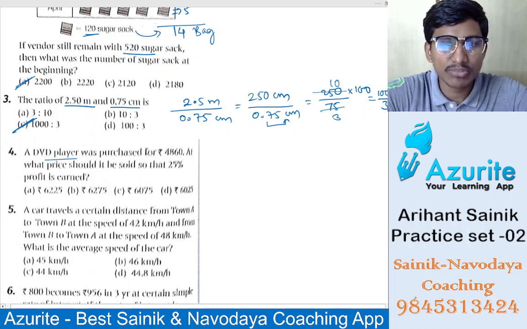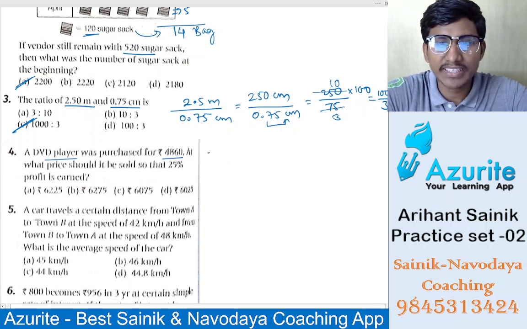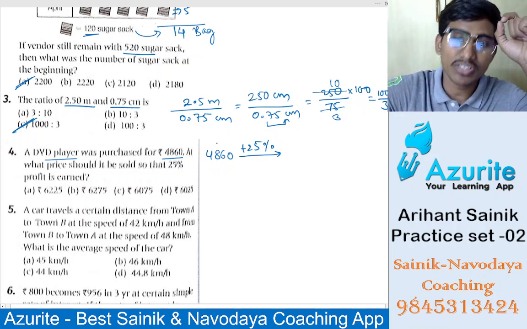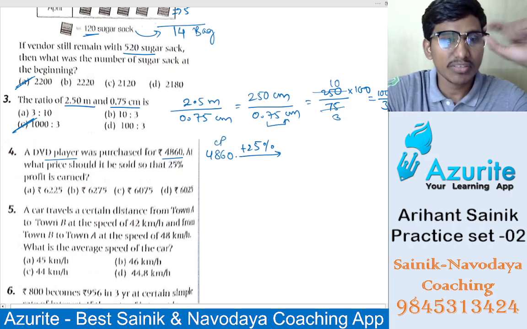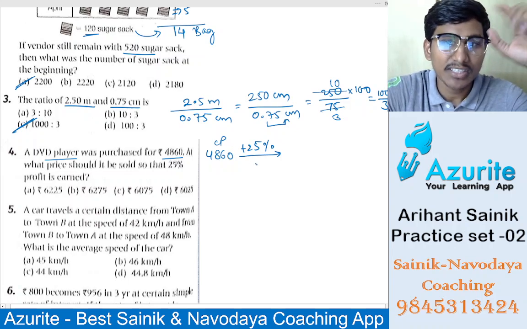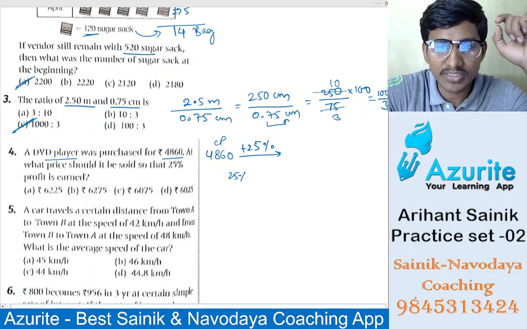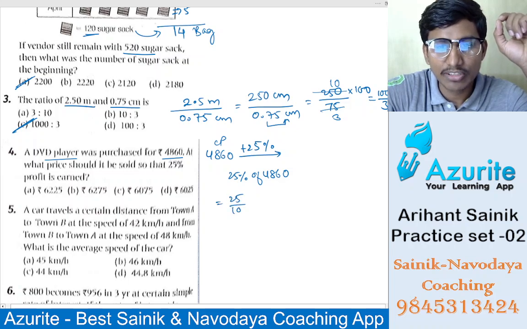Next, fourth one. A DVD player was purchased for 4860 rupees and sold at a profit of 25%. Profit means plus, so 25% of the cost price, that is 25% of 4860. 25% is 25 by 100 or 1/4.